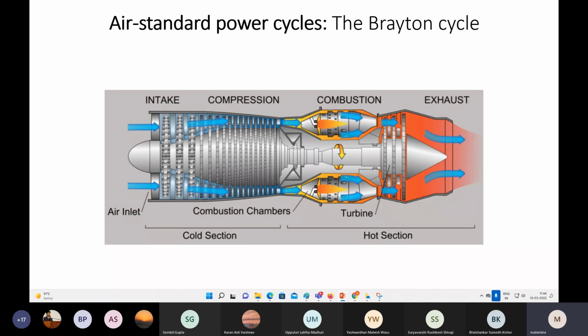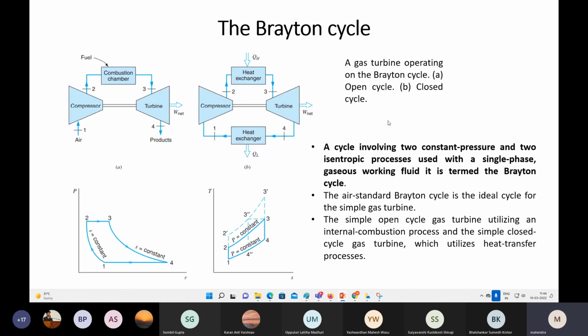Okay, this is about what a gas turbine engine is. What we have mentioned: this is isentropic compression, this is constant pressure combustion, this is isentropic expansion. Let us see our cycle now. Here, this is the open cycle and this is the closed cycle.